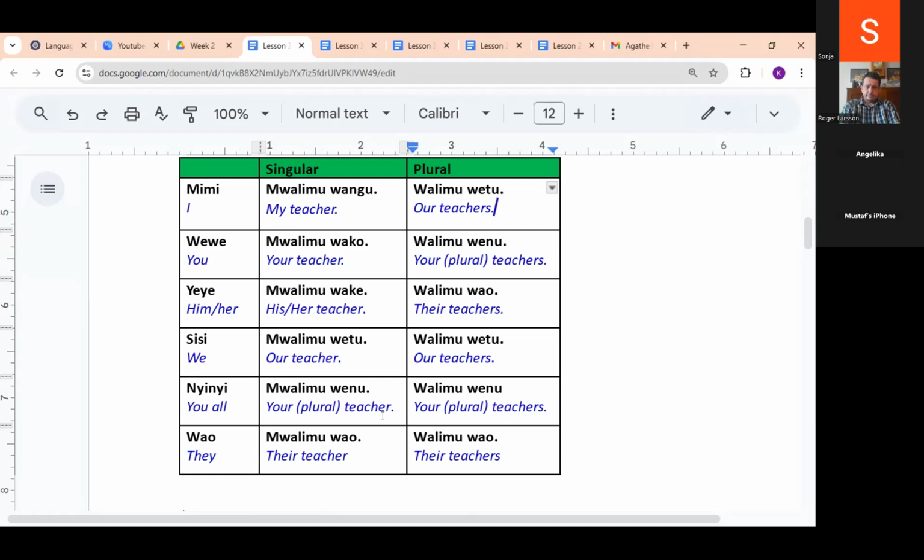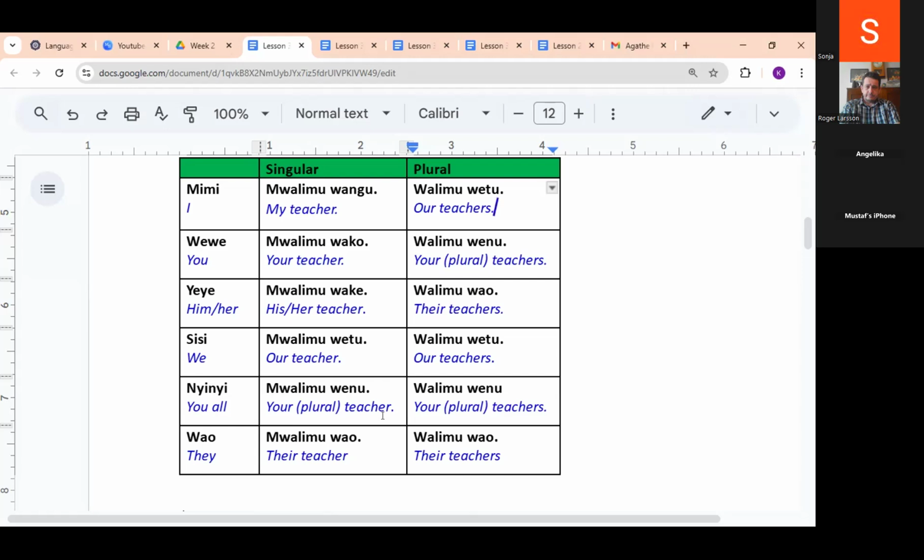In Swahili, kwa Kiswahili? Okay, so one teacher is mwalimu.